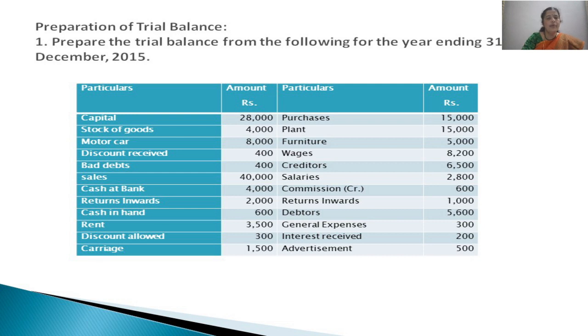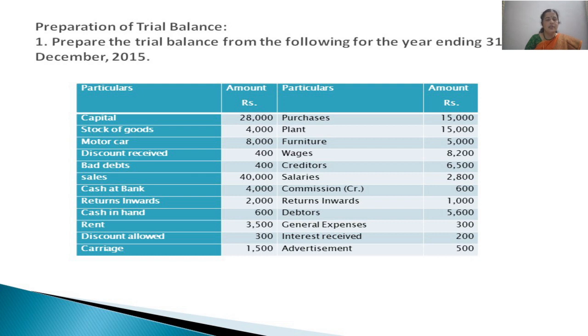Here, see, the problem is: prepare the trial balance from the following for the year ending 31st December 2015. So here we are asked to prepare a trial balance based upon the information given below, which is nothing other than the ledger account balances.